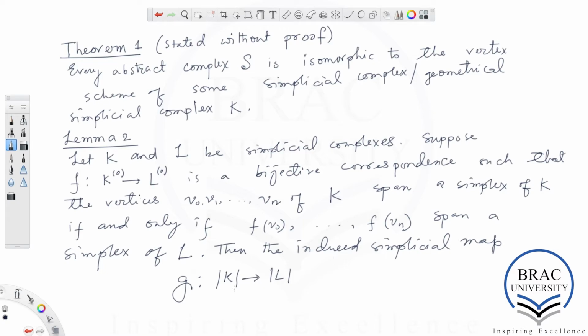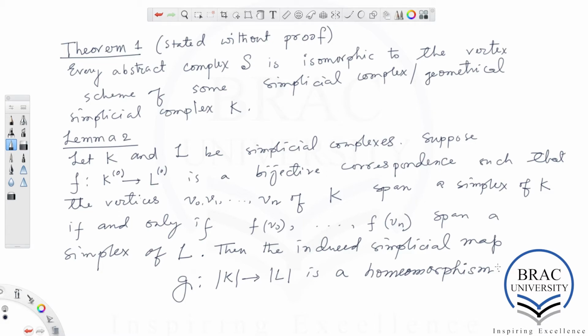This induced simplicial map G is going to be a homeomorphism. A beautiful result.